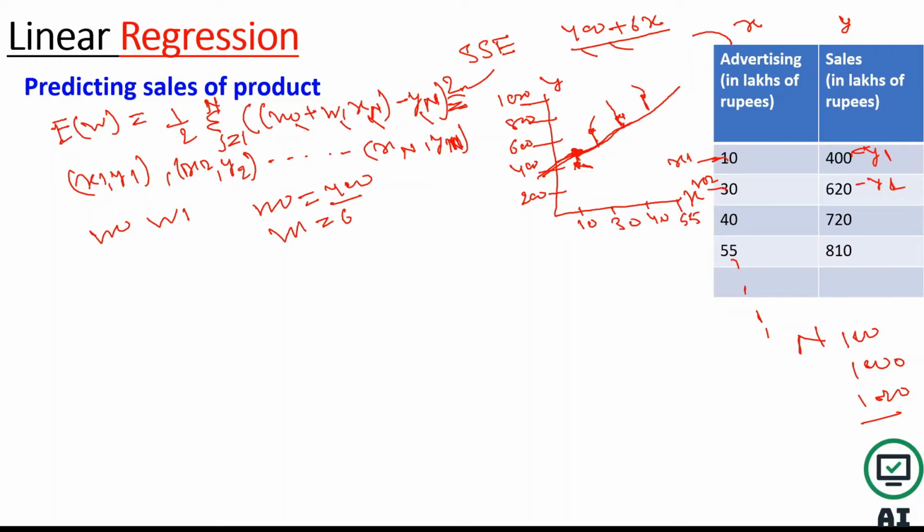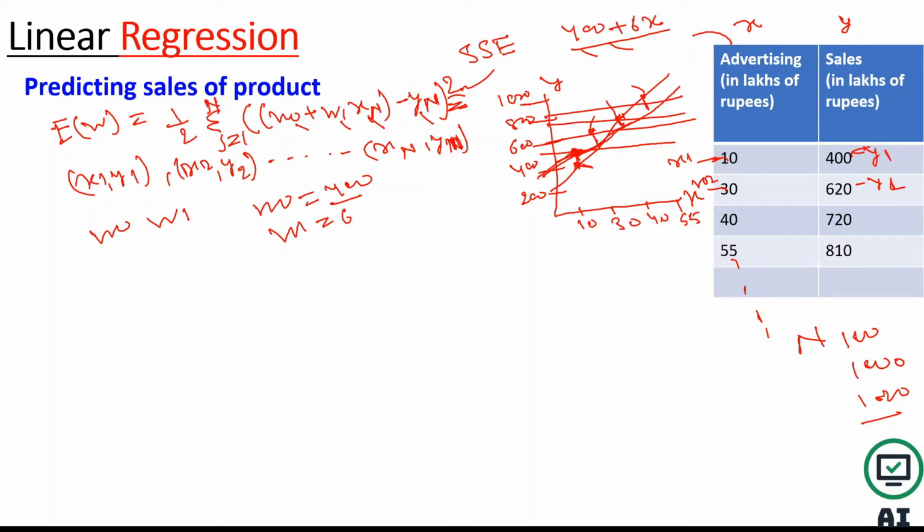Then for every possible line, this line, this line, we can draw any line, it is going to give a certain error. The question we are asking is what is the line that gives as minimal error as possible. The regression model is going to search for that line which minimizes the error as much as possible.